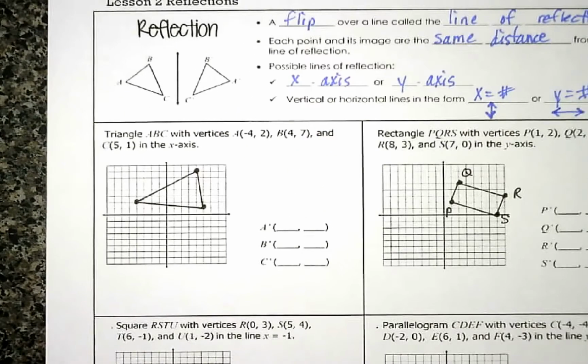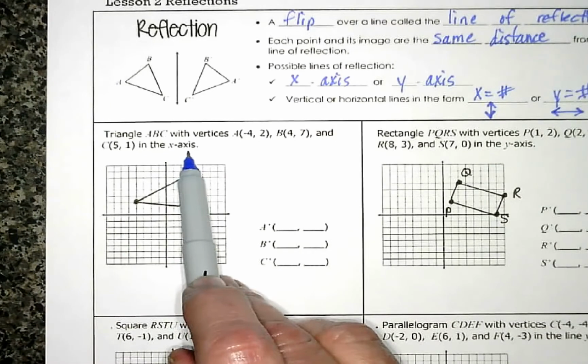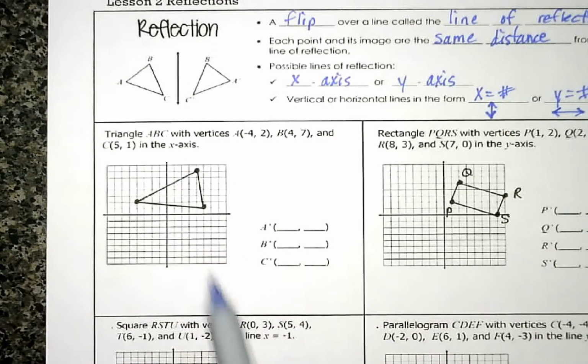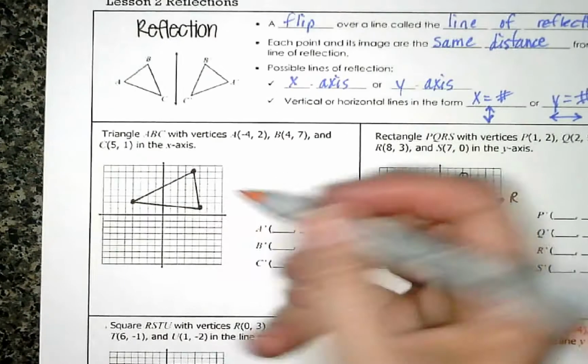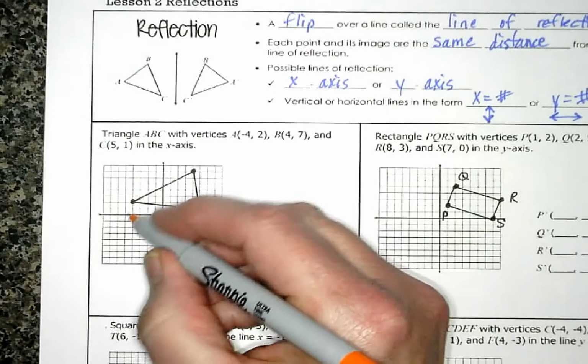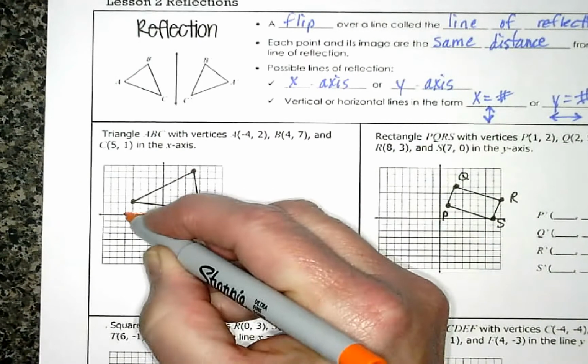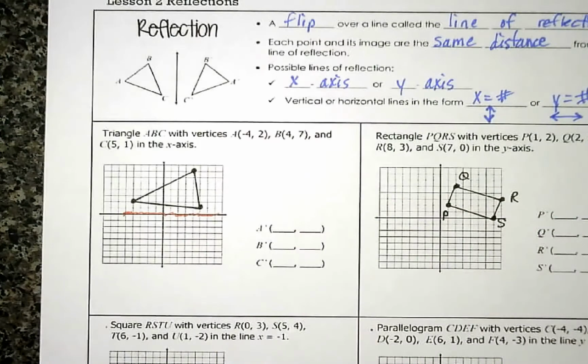We're given this triangle, and they want us to reflect it in the x-axis. The first thing we want to do is find the x-axis. I strongly encourage you to take a highlighter or a colored pencil like this. I usually just wiggle it going across there. That is my line of reflection. Once I have that, then it's just counting.